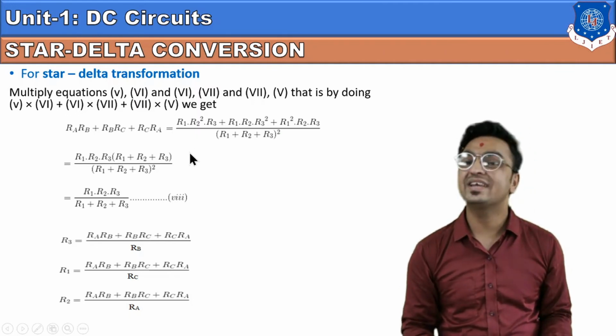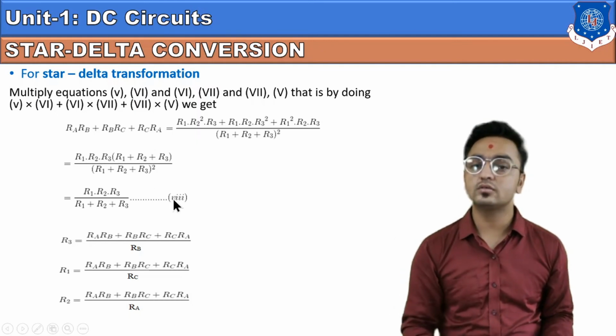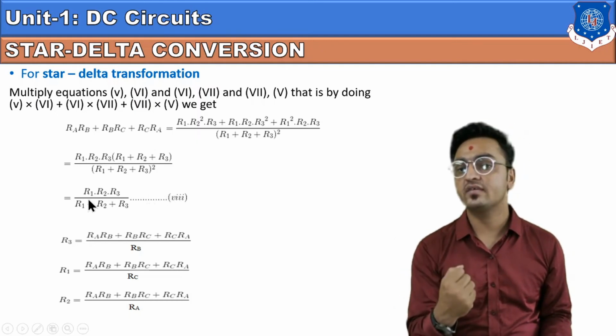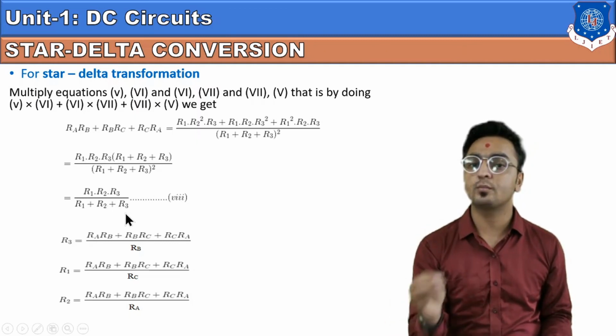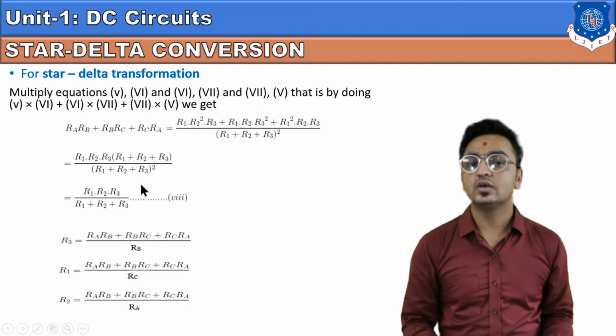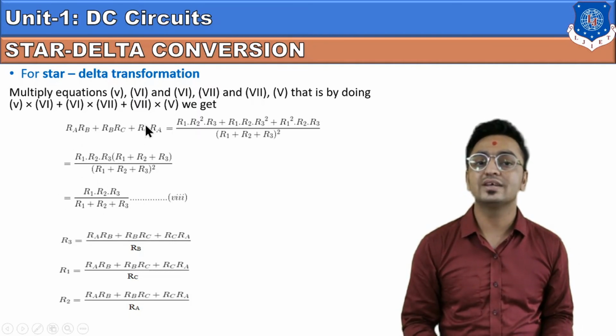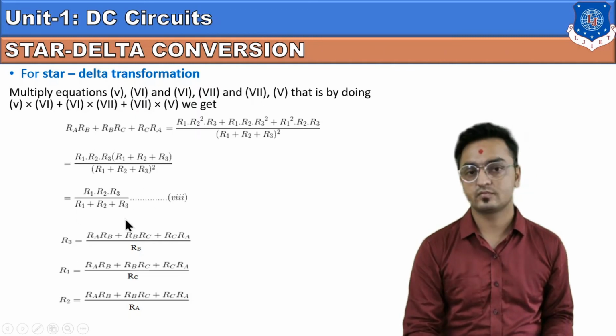But in the division we get the same term, so that will cancel out. So basically we now have R1 into R2 into R3 divided by R1 plus R2 plus R3. So we get the equation Ra into Rb plus Rb into Rc plus Rc into Ra is equal to these terms.